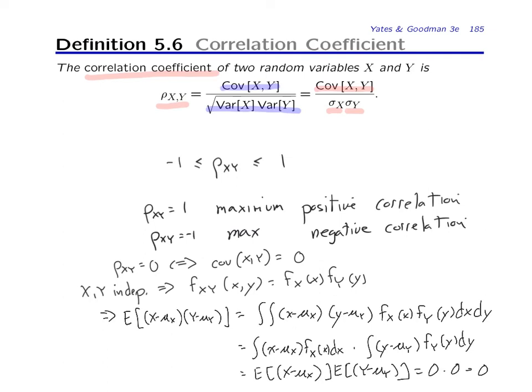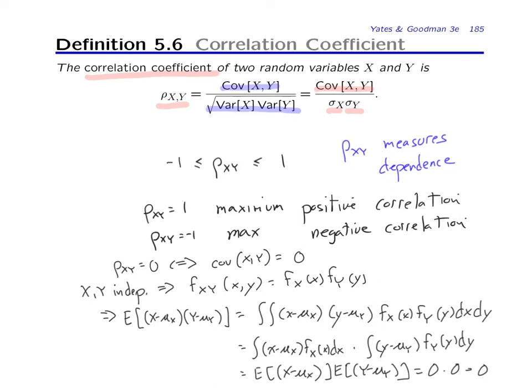So in some sense, what we're going to show is that rho xy kind of measures dependence. When rho is very close to 1 or to minus 1, x and y are strongly dependent.